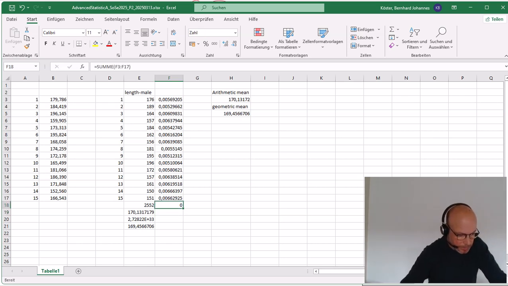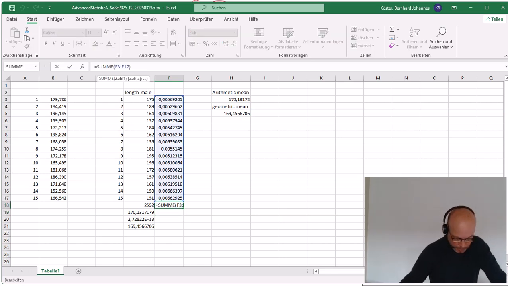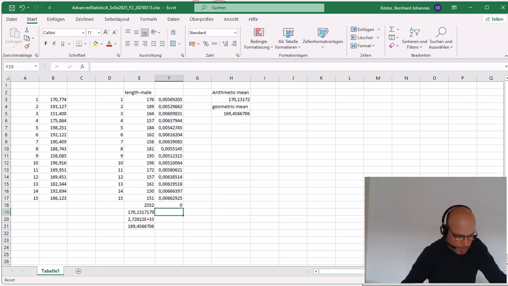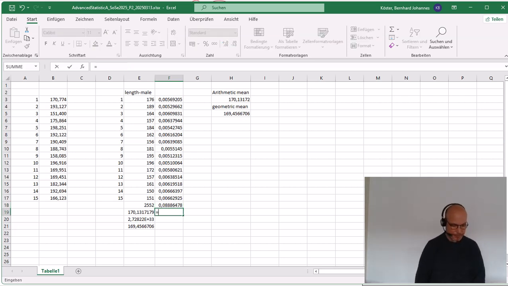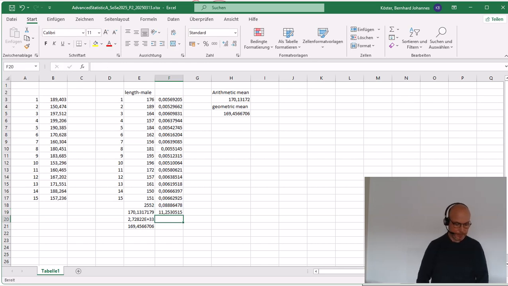What is happening here? Why do we have a 0 here? Oh, it was too small, therefore. Then we need the inverse of the sum. And we need 1 over n, the inverse, times the inverse of the sum.